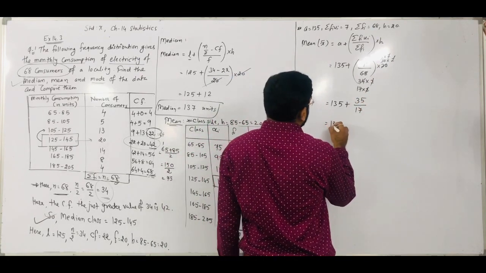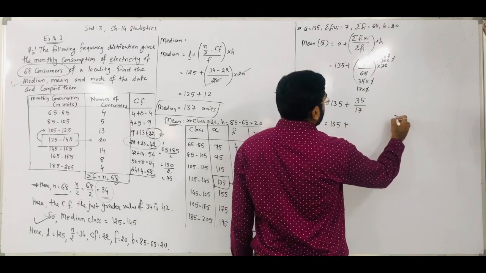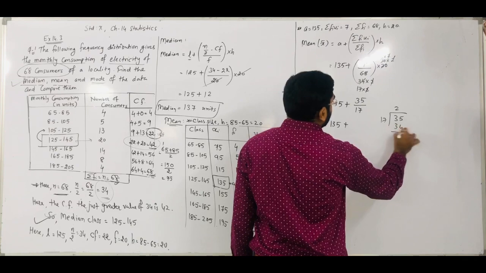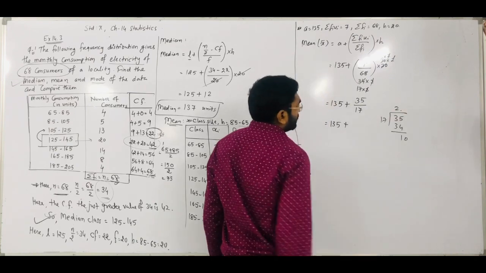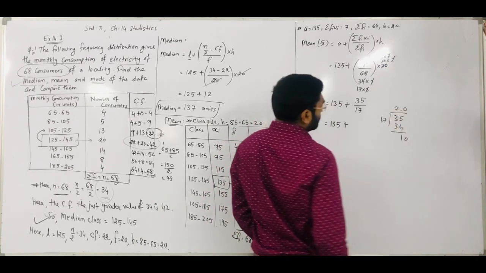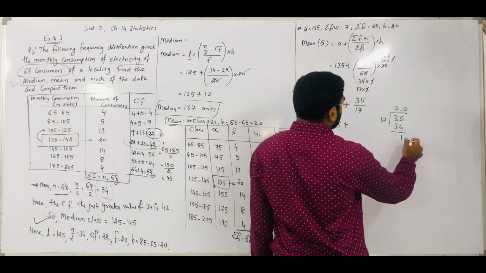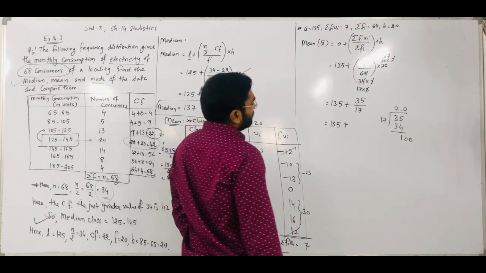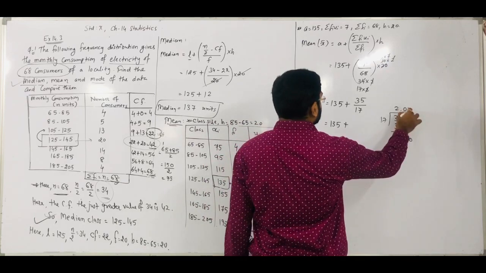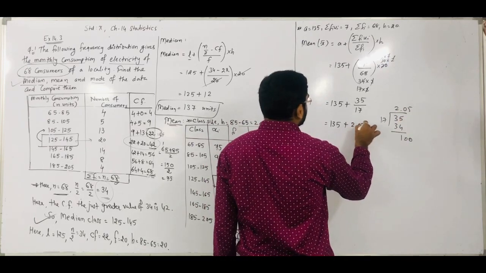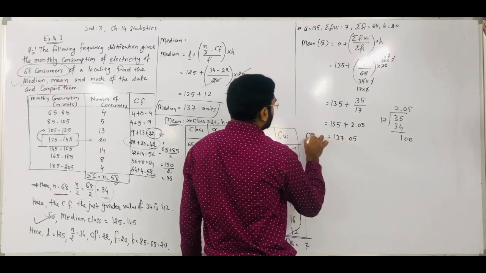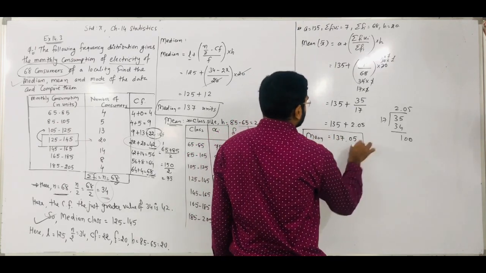So 135 plus 35 divided by 17, so 17 2s are 34, 1 0, point, here is a 0, right. So here we have to put the 0. So 17 5s, so 2.05. So we get 137.05 is the mean of the given observation.